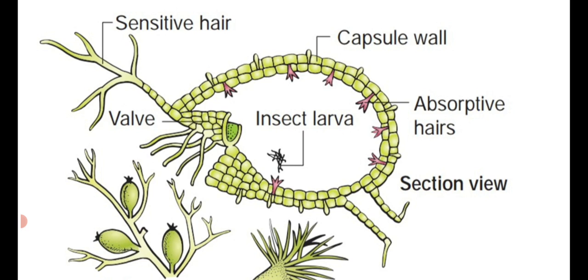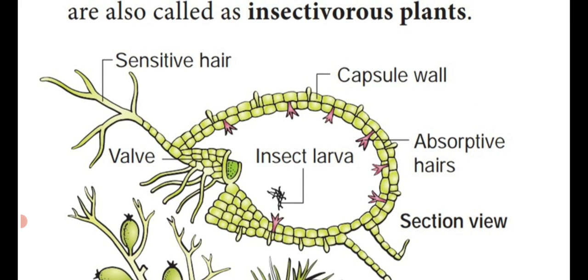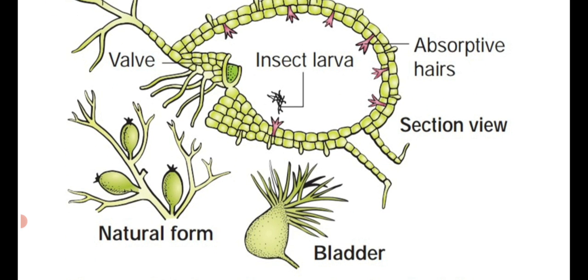Another example is Utricularia, bladderwort, another type of insectivorous plant. Utricularia lives in water and has a branched plant body with balloon-like bladders present on the branches. They show a lashing movement due to the water current.